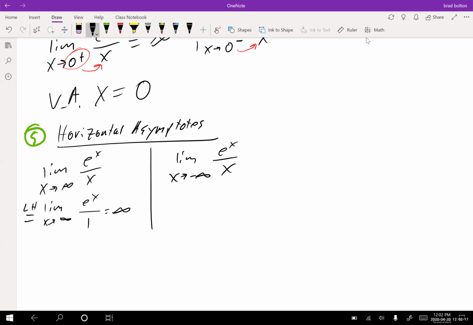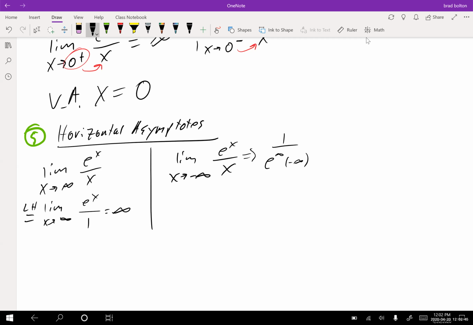Okay, so now we come over here, and if we plug negative infinity in, technically this would become 1 over, let me write this. Well, I guess you could think about it like this. It would be 1 over e to the infinity times negative infinity.